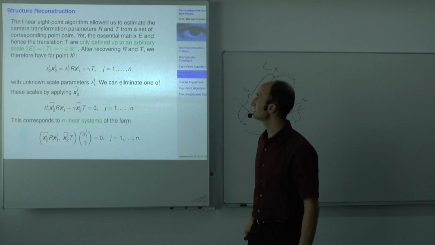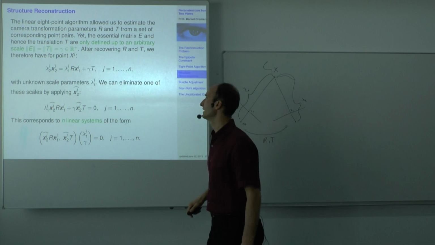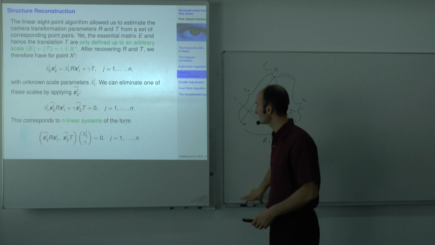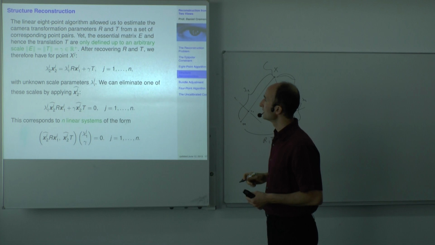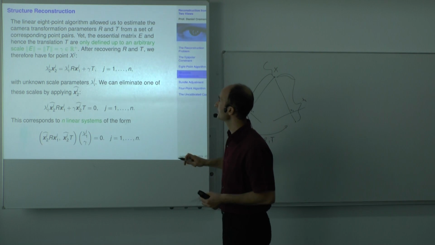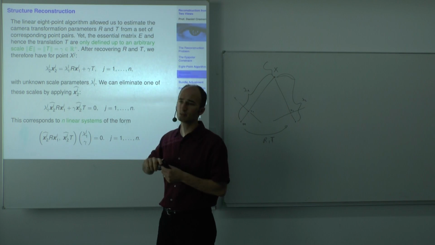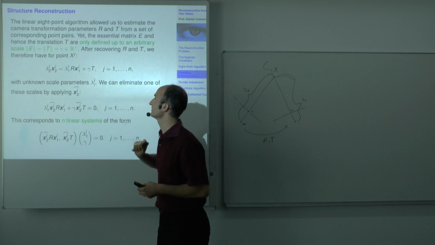So we have a translation, but we can only determine it up to that scale. And so we keep that scale parameter in here, and then what we have for all images, we see that for any point, and now we consider multiple points, this is why we have so many indices, please don't get confused by all the indices, j is just the number of the point.